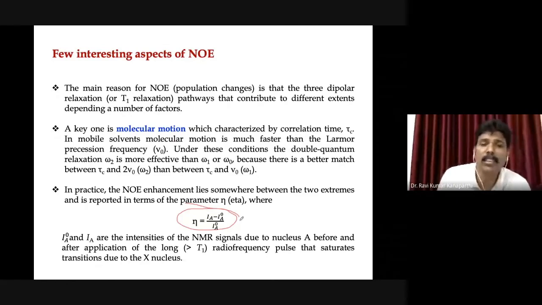If the signal intensity is high after saturating, then obviously we will see a positive NOE as compared to before applying. This is a simple formula: anybody can take the difference between the two signal intensities, calculate the factor, and accordingly say whether it is a positive NOE or negative NOE.